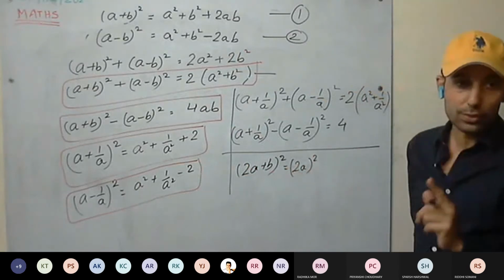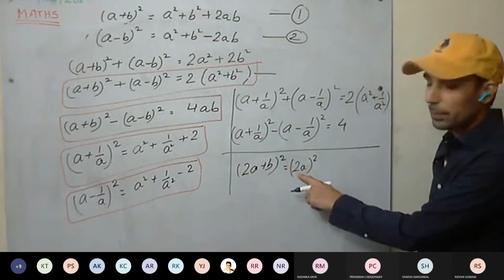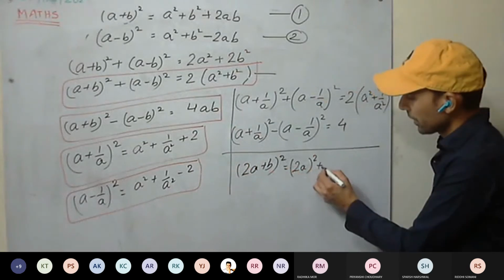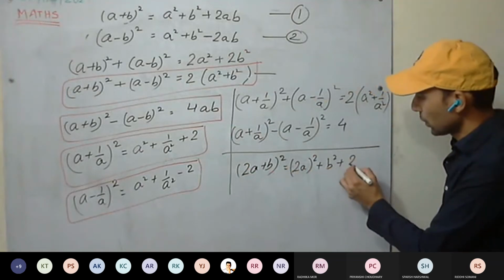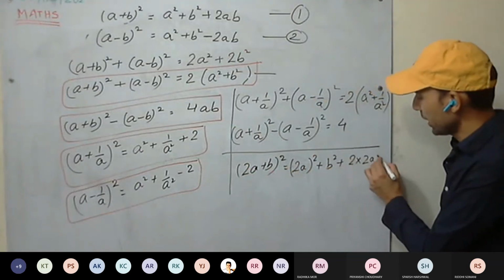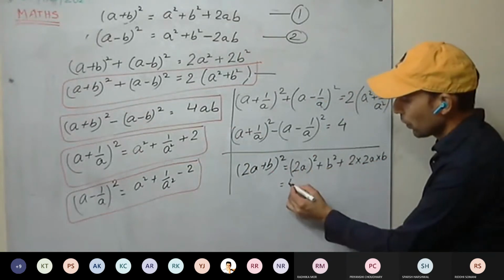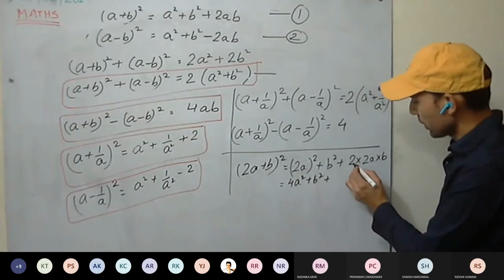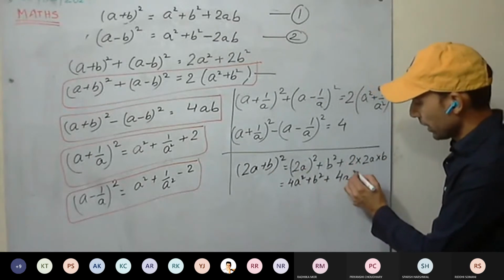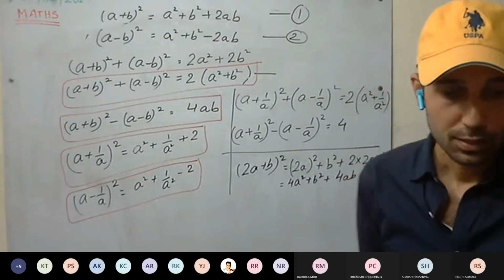Don't skip the steps, you will make mistakes. So first term square is (2a) square, second term square is b square, plus 2ab, that is 2 into 2a into b. How much are we getting? 4a square plus b square plus 2 into 2, 4ab. This is our answer.